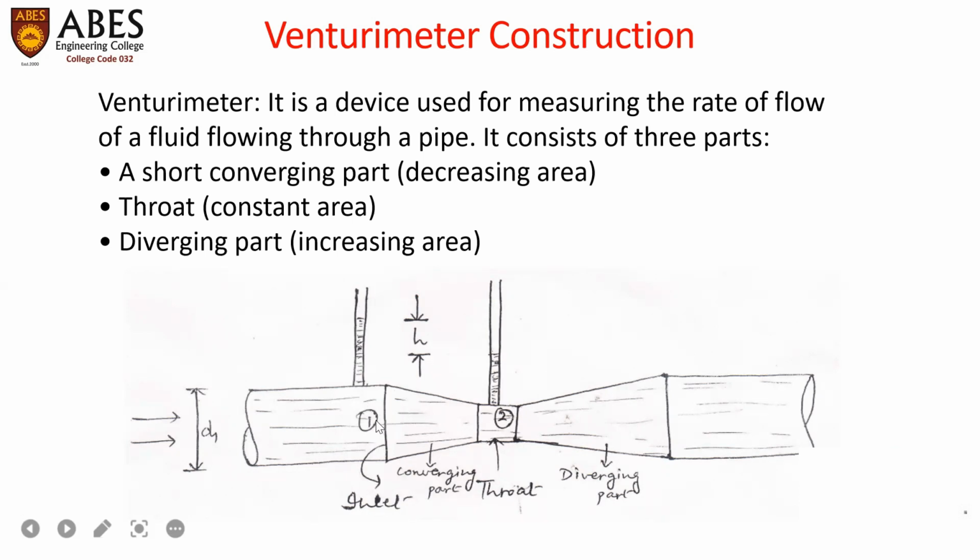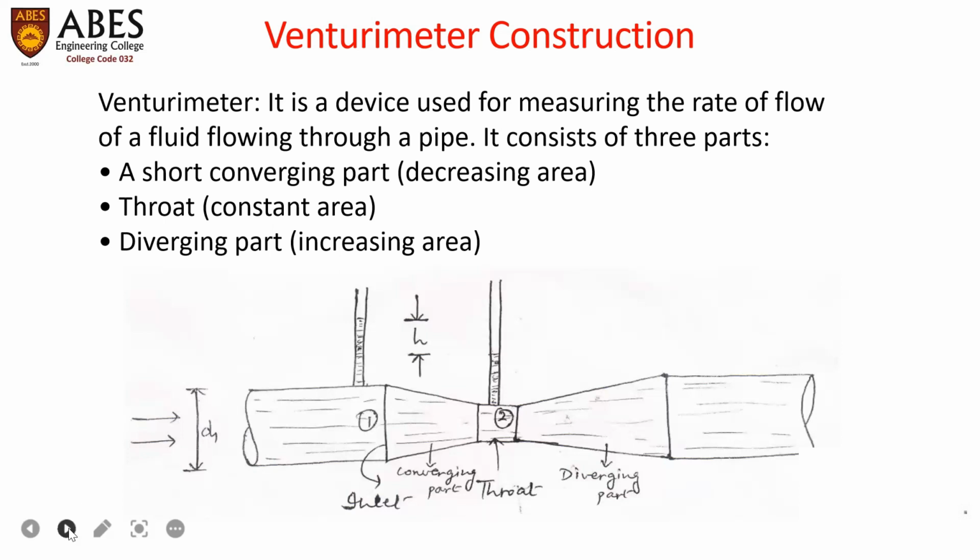Point 1 is taken at the inlet of the Venturimeter, which is fitted in the horizontal pipeline in this case, and point 2 is connected with the throat. So the difference of pressure between the inlet of the Venturimeter and the throat is calculated by this U-tube manometer. This height, small h, you can see in the diagram, is observed here in the laboratory. Here we are taking D1, the diameter of the inlet of the Venturimeter, and the flow direction is from left to right.